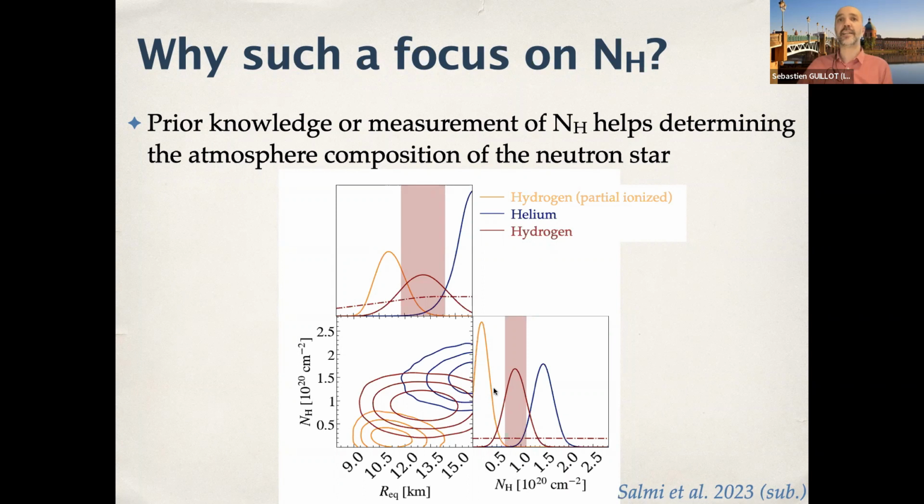Each of the three gives a different inferred value of NH, and each value of NH results in a different radius. So if we would know the value of NH a priori, or if we could measure it from XIFU, that would be a great help to determine the atmospheric composition.